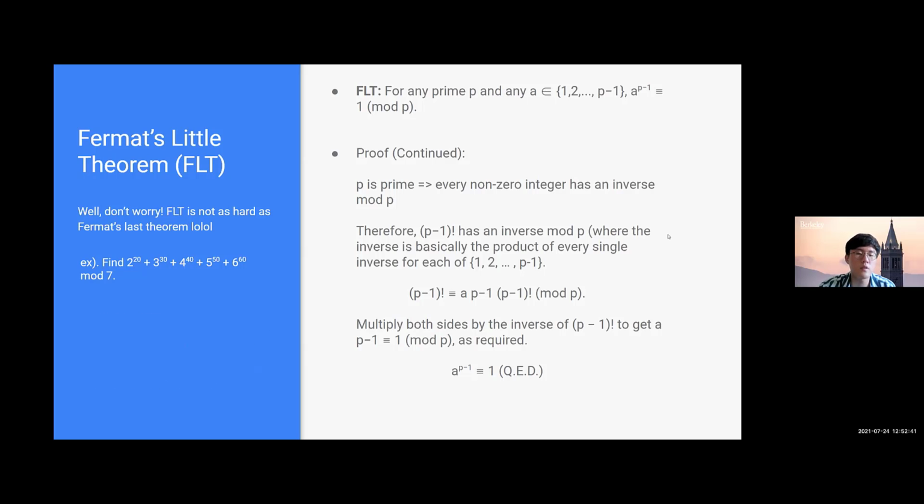So let's take a quick example. If you try to find 2^20 plus 3^30 plus 4^40 plus 5^50 plus 6^60 using FLT over mod 7, how can you do it? Does anybody have any ideas?